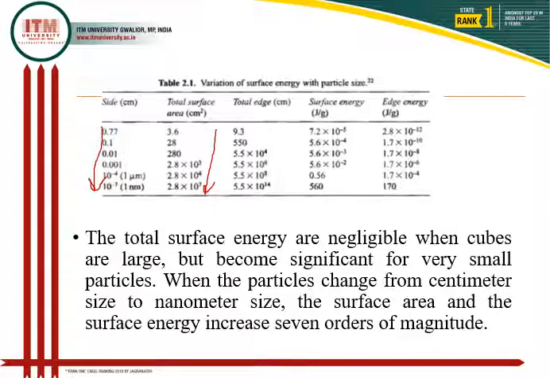And of course, if surface area is more, the total edge is also more, which results in an appreciable increase in surface energy. You can see it go from 7.2 into the minus 5 to 560 joule per gram, and edge energy is also there. This shows that as the surface increases, surface energy also increases.